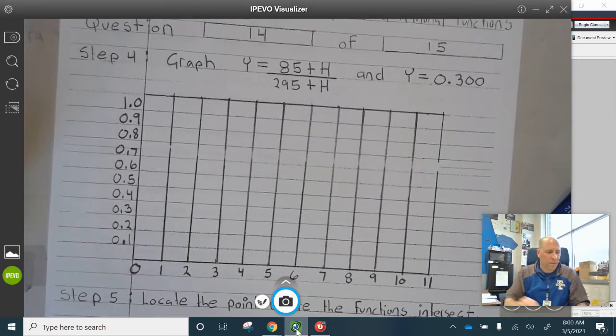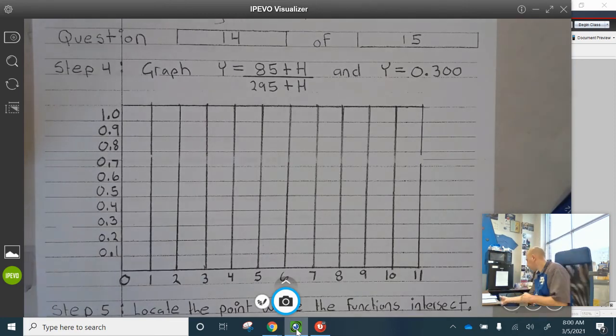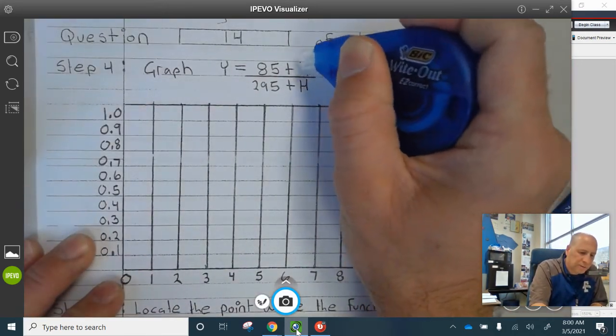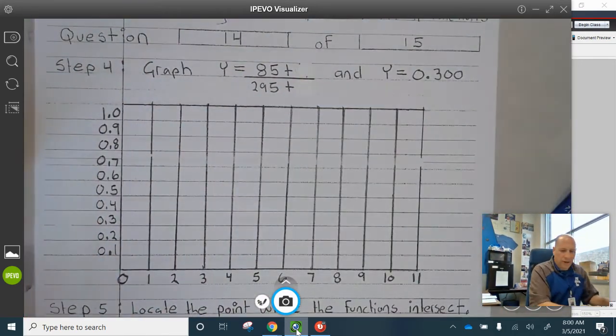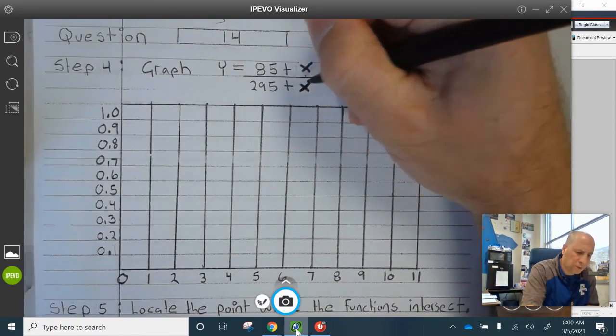Okay. Now, we want to graph (85 plus h) divided by (295 plus h) and y equals 0.300. Technically that's right to write h, but we're going to change h to x when we graph in our calculator.